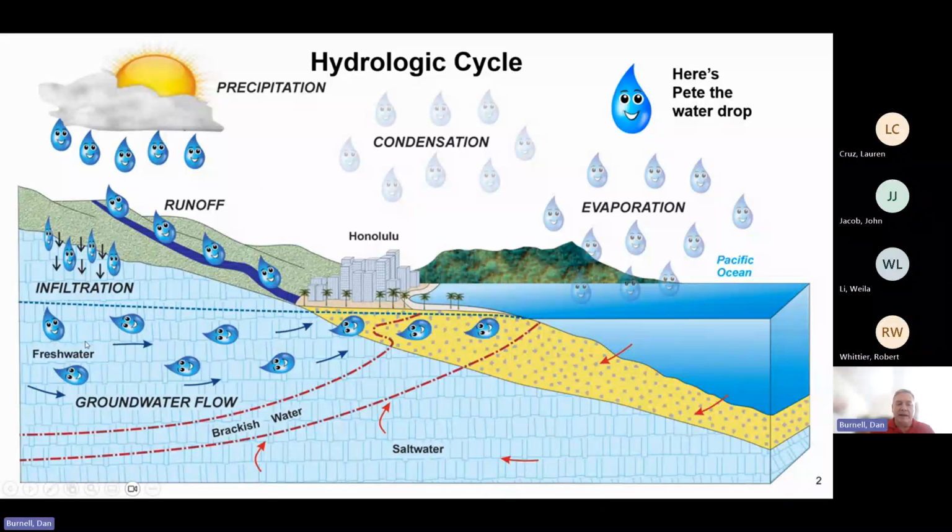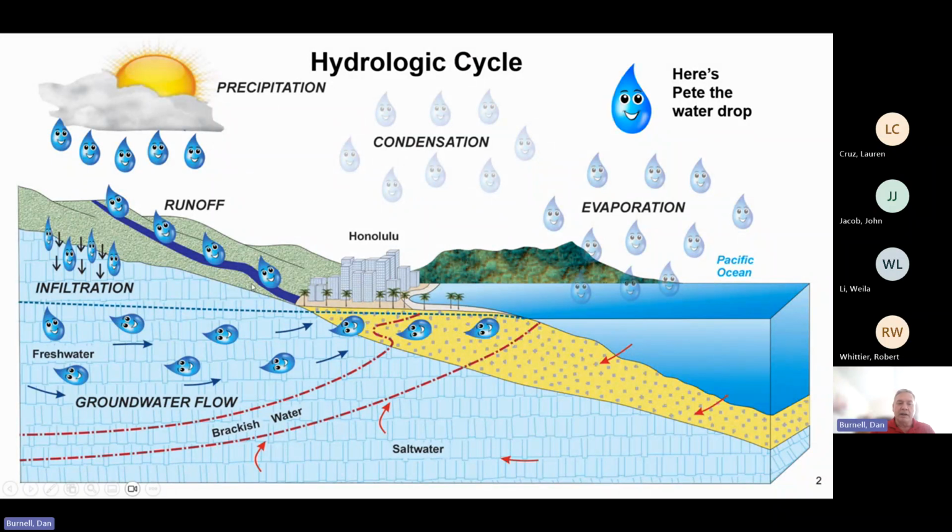And then Pete may move along through these different permeable zones in the subsurface and may eventually be taken out by drinking water pumping wells or water supply wells, or Pete may continue migrating into streams or discharge back in the ocean. And we know that the ocean can evaporate and create water vapors, and Pete can then return and condense in the clouds as part of that hydrologic cycle.